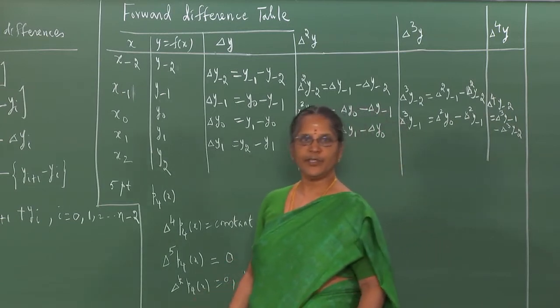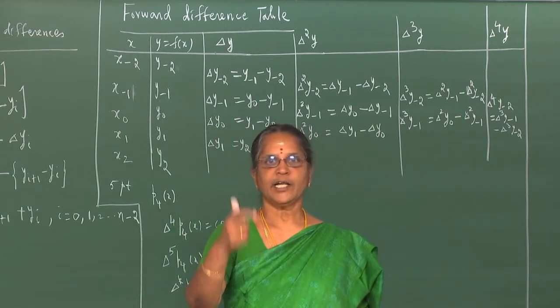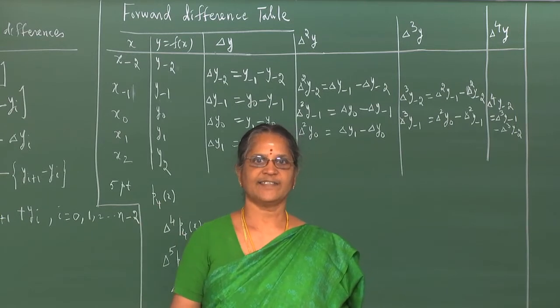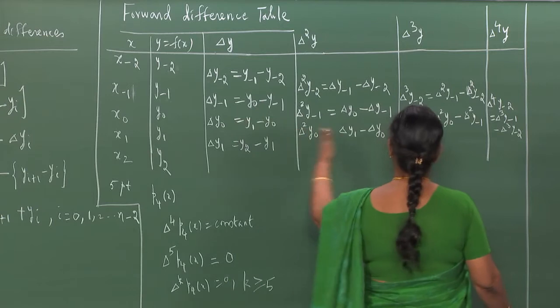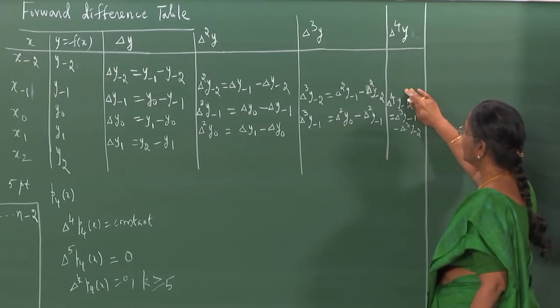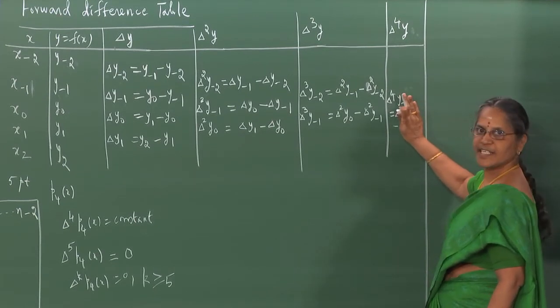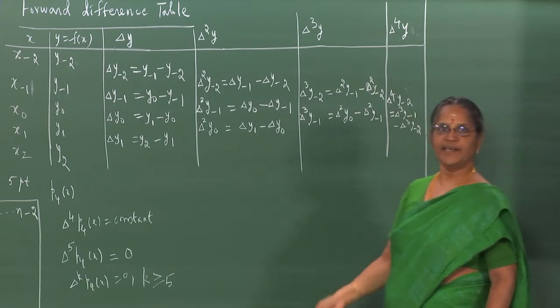This result will be used when we find the interpolation polynomial that interpolates this function at a set of discrete points. And you also observe from this table that you have the fourth order difference of y computed, and this is constant, and the higher order differences will all be 0.